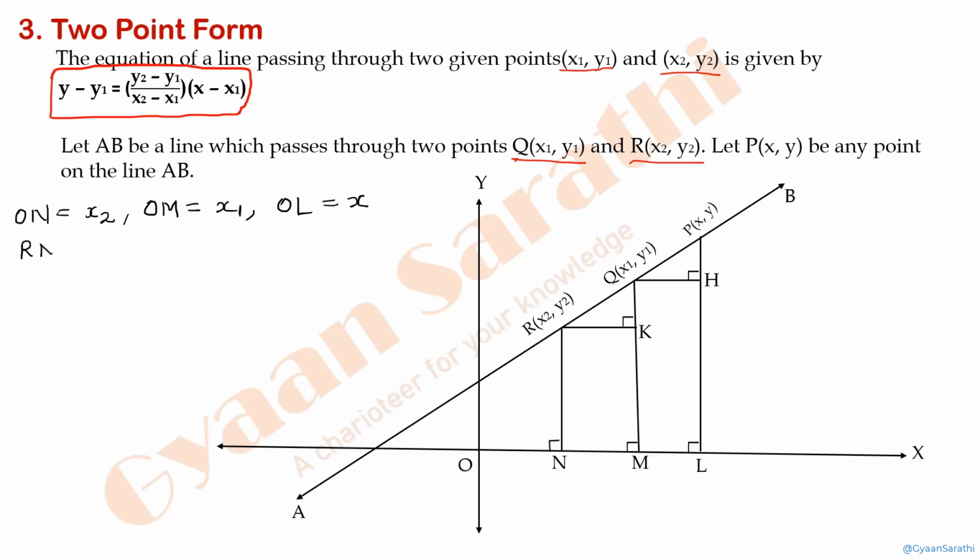So RN is equal to y2 and QM is equal to y1 and PL is equal to y. Let us now find what is QK equal to. So from the figure I can see QK is equal to QM minus KM.